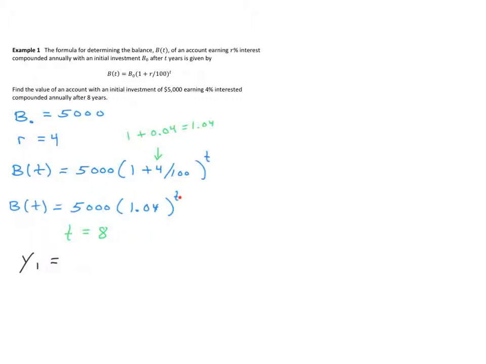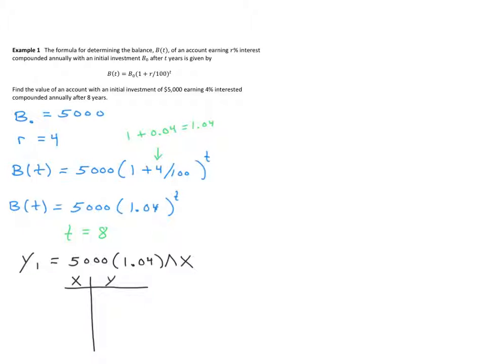The difference is the variable is going to be an x instead of a t, but it's going to work the exact same way. I will enter 5,000, parentheses 1.04, use the caret symbol to get an exponent, and then place my variable x. I can now go to my table of values. I can choose anything that I want for my x value to solve for the corresponding y value.